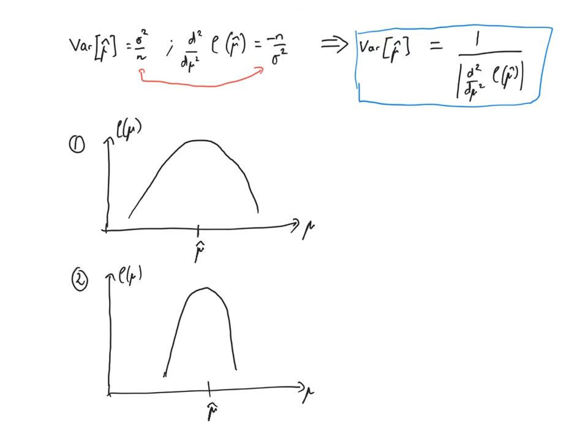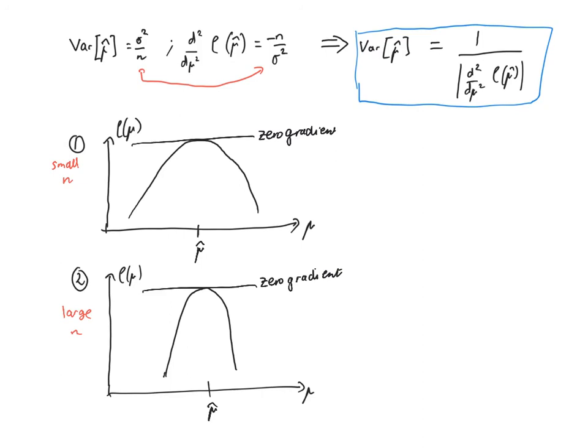We know at mu hat the gradient is 0, so again the same thing applies here. In practice, picture 1 is the sort of picture you get when you have a small sample size, and picture 2 is the sort of picture you get when you have a large sample size.